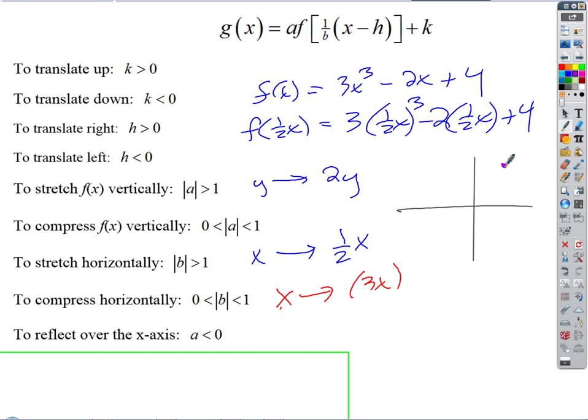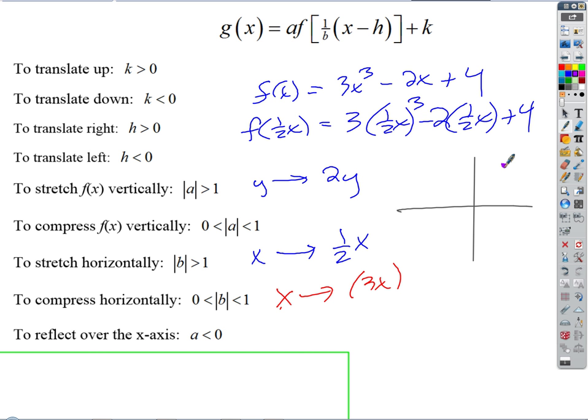So if this is my original function, what do you suppose I do to that function to flip it over the x-axis? Yeah, you're right, but this whole thing is f, right? Everybody agree? Like this is f of x. So what am I going to do to this whole function?